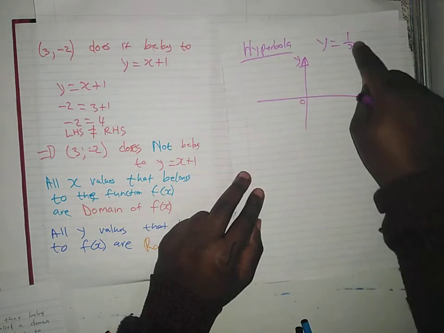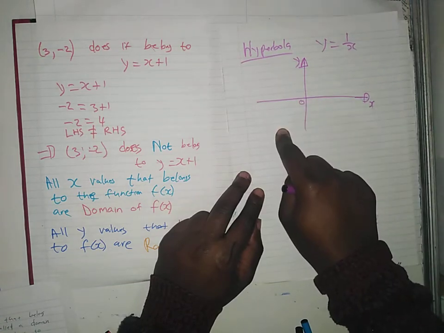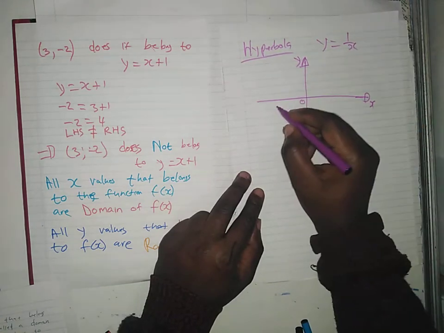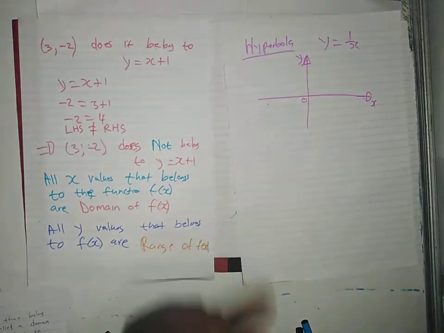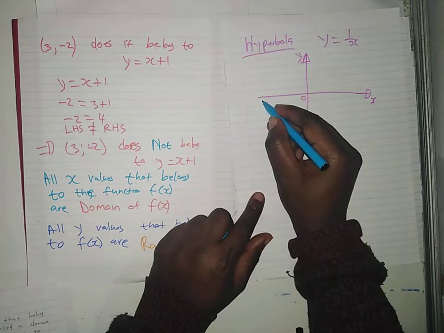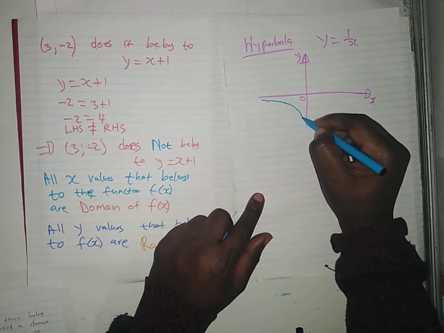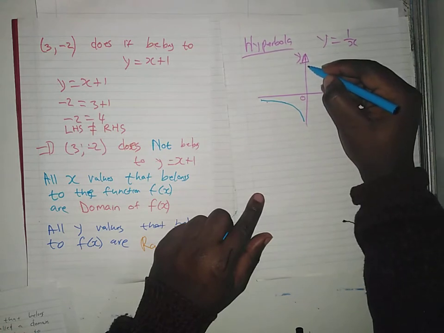Obviously, because this is positive, it's going to be in the first quadrant and the third quadrant. So you'll end up with something like this. Okay, let me just use a different color so that this could be highlighted.